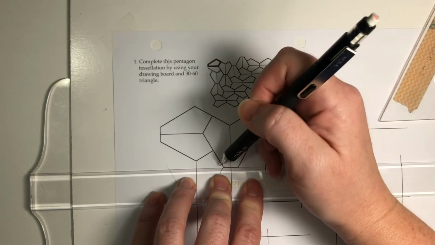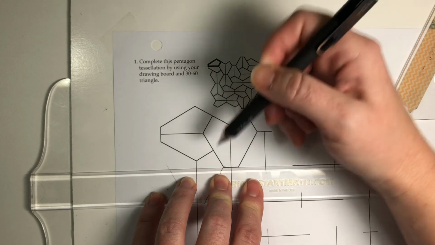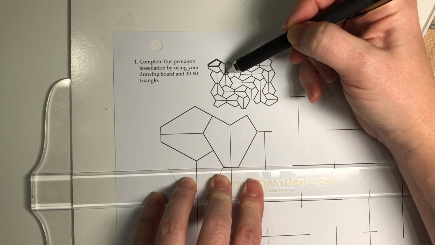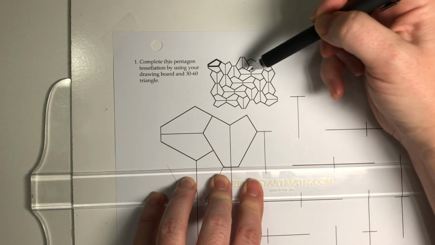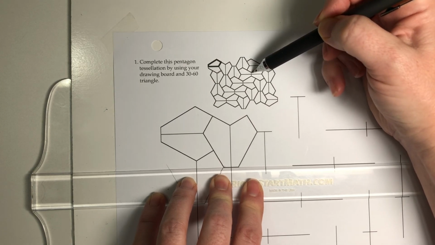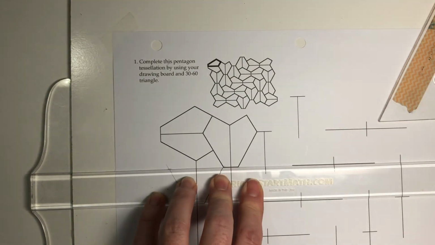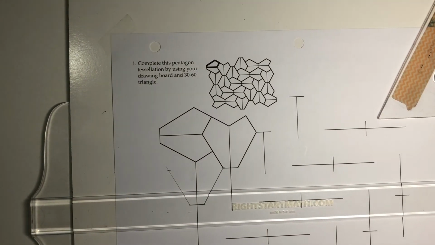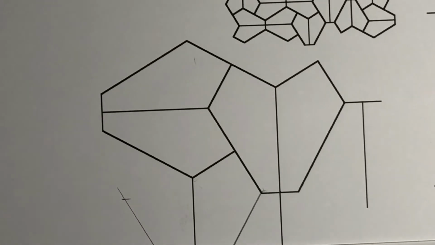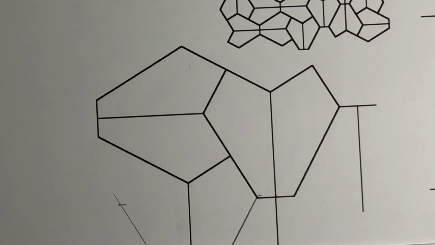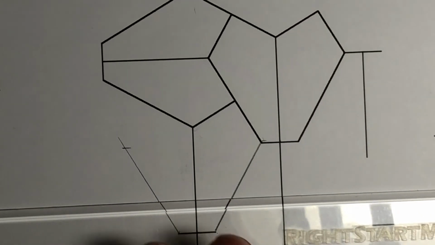Because they're straight across from each other, all these points here and here and here are all straight across from each other. So I'm going to make a tick mark, which is a little tiny mark just used for measuring, right here. I made that darker. Most of the time when I do this on my own, I make it really light.